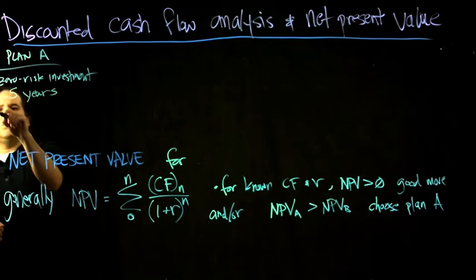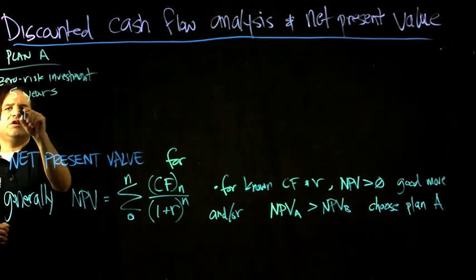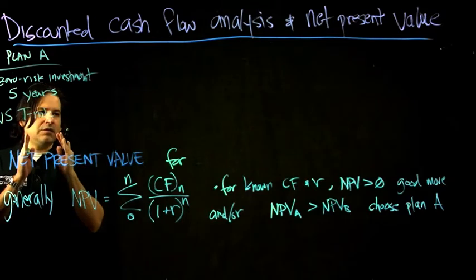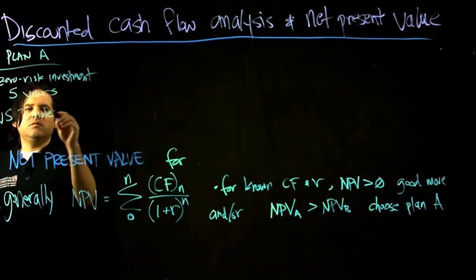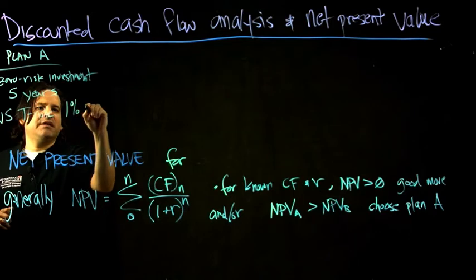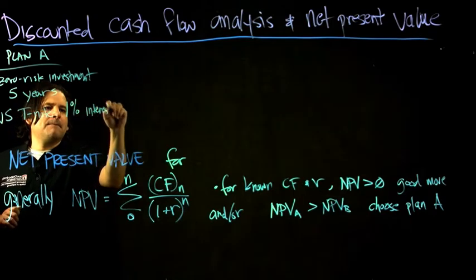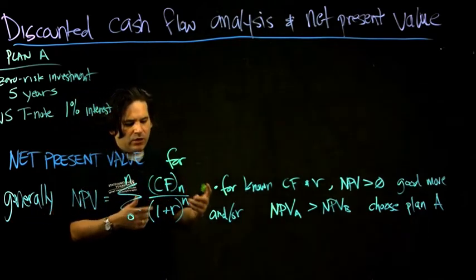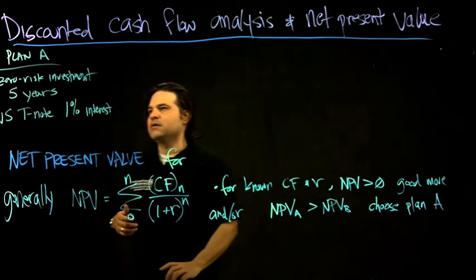It's going to be a U.S. Treasury note, which is a medium-term time scale, which is 1% interest. So you give the government money, and they're going to pay you back this money at 1% interest after 5 years. Okay?